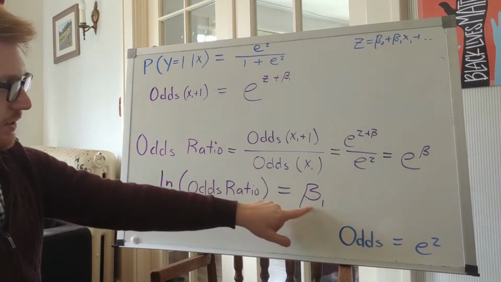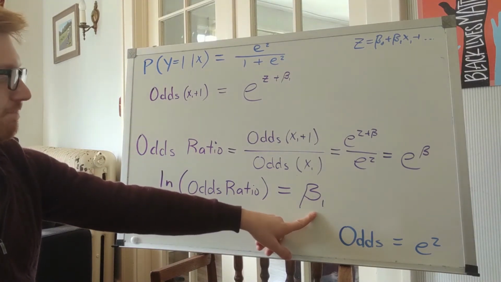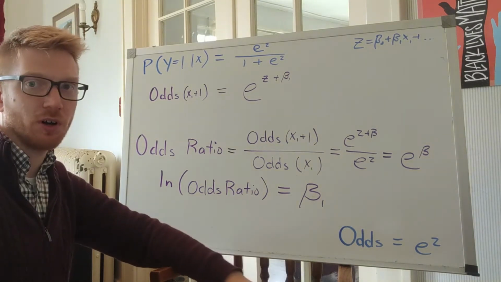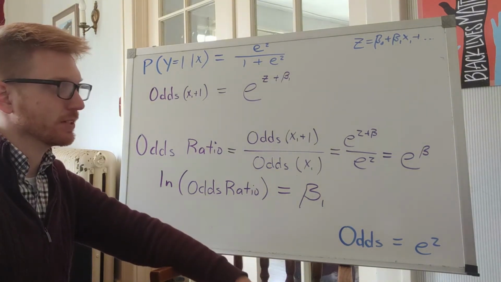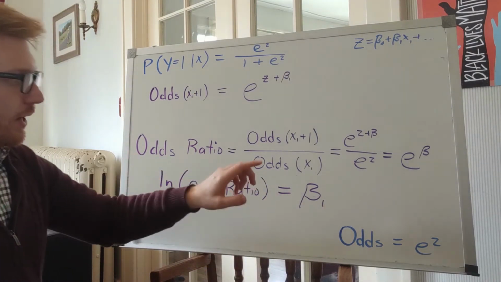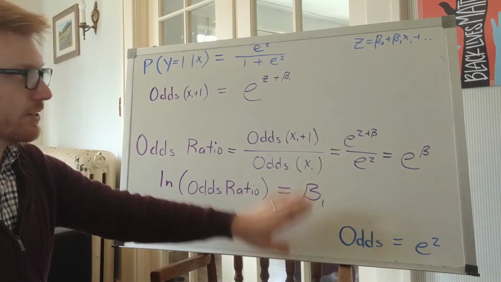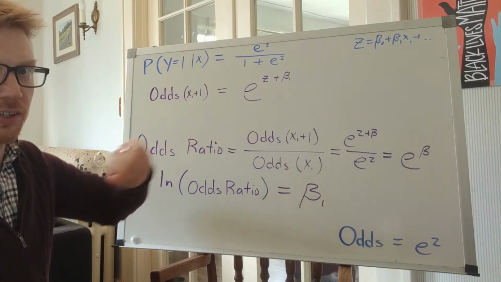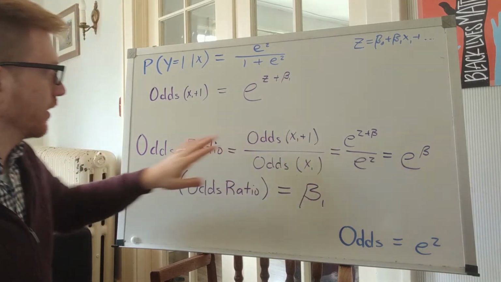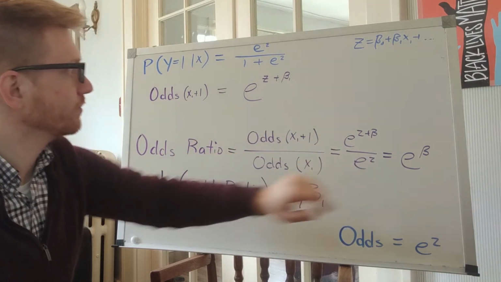So this is not a function of anything. However, in doing so, we've removed almost all interpretation. The one thing that we can say is that if beta 1 is positive, z is increasing. Also, if beta 1 is positive, the odds ratio is greater than 1.